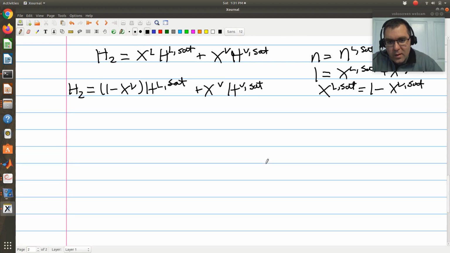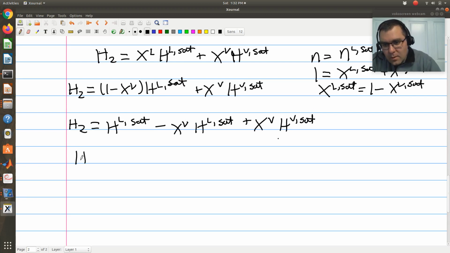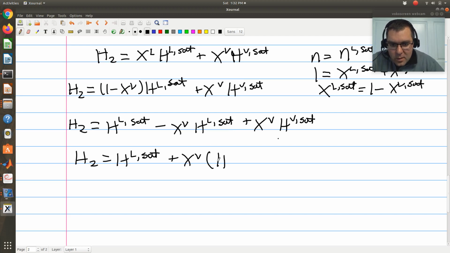Okay, I'll expand and collect terms. So H2 is equal to HL sat minus XV HL sat plus XV HV sat. So H2 then is equal to HL sat plus XV times HV sat minus HL sat.